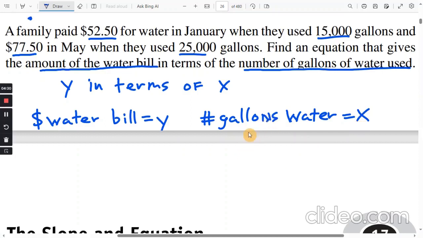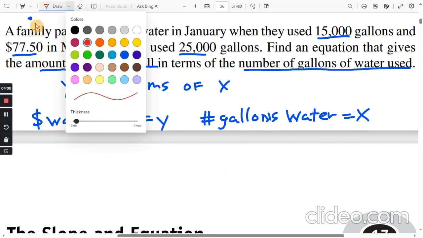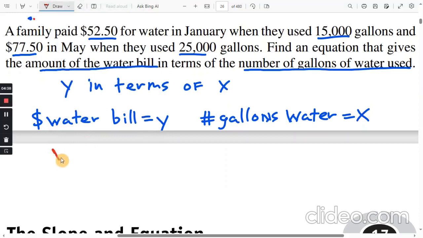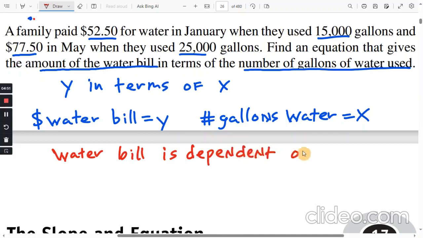We said before that x is independent and y is dependent. And obviously, if you have a water bill, the water bill is dependent on the number of gallons of water used.